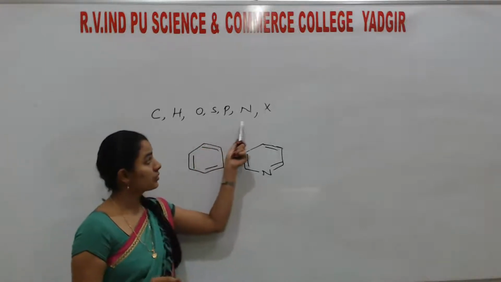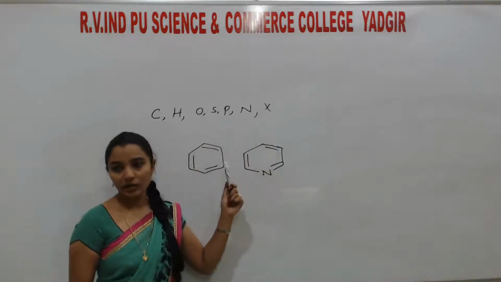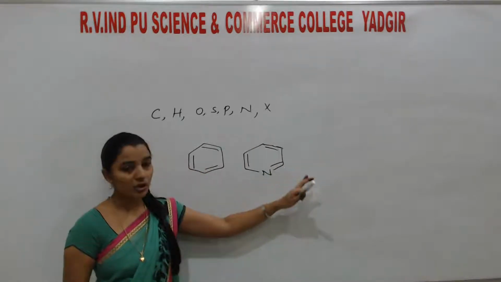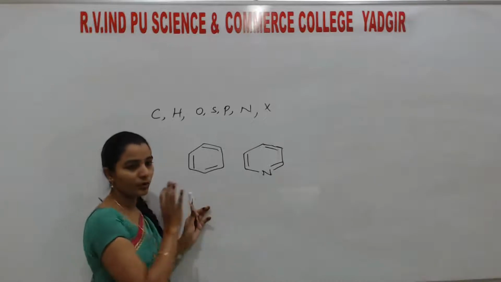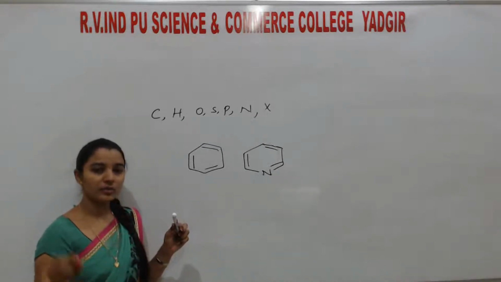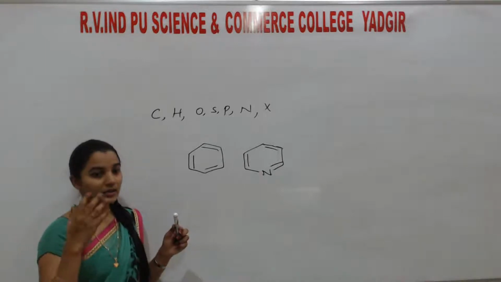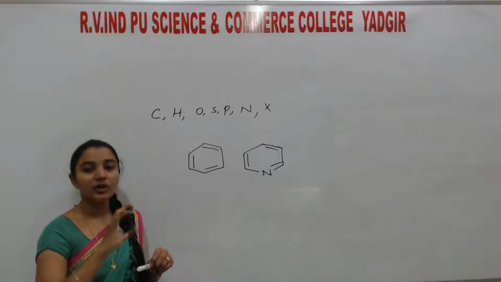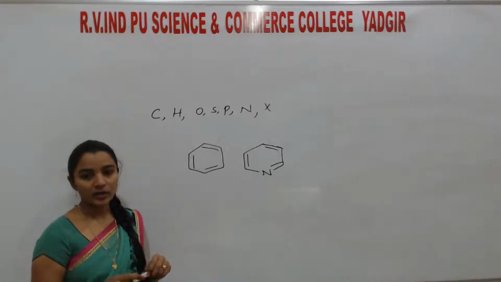So if such types of compounds are there, how can we test? Because in an organic compound, we cannot distinguish whether carbon is present, hydrogen is present, oxygen is present by seeing with our naked eyes. Understood?